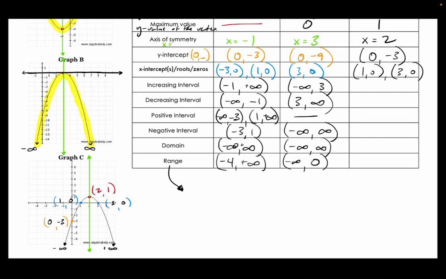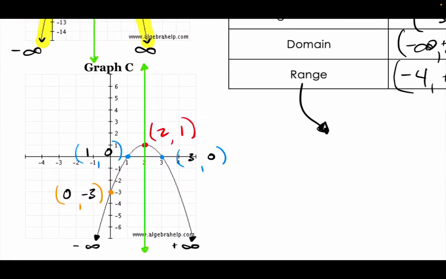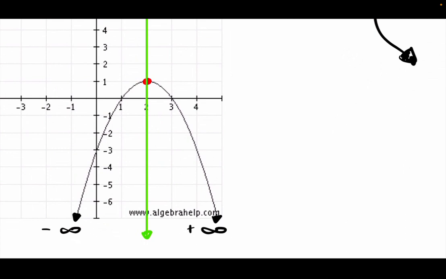Okay. Positive intervals are increasing. Where is it going uphill? Well, let me erase this stuff. So we start with the left, the negative infinity, and I'm going up. I'm going up until I get to the red dot.